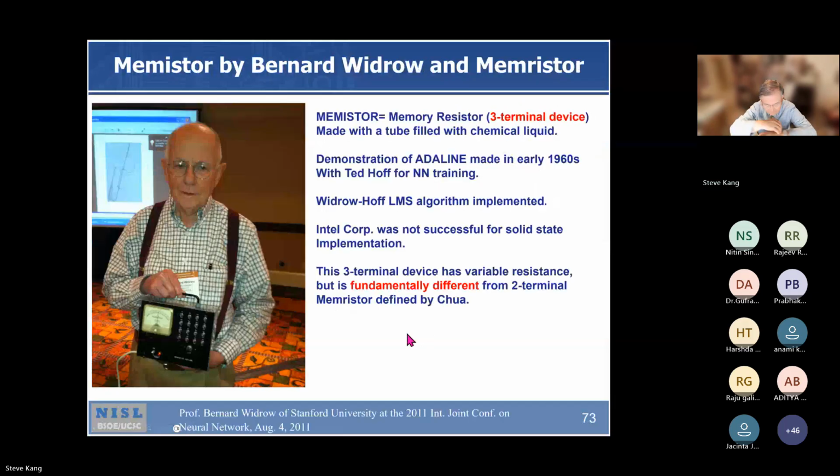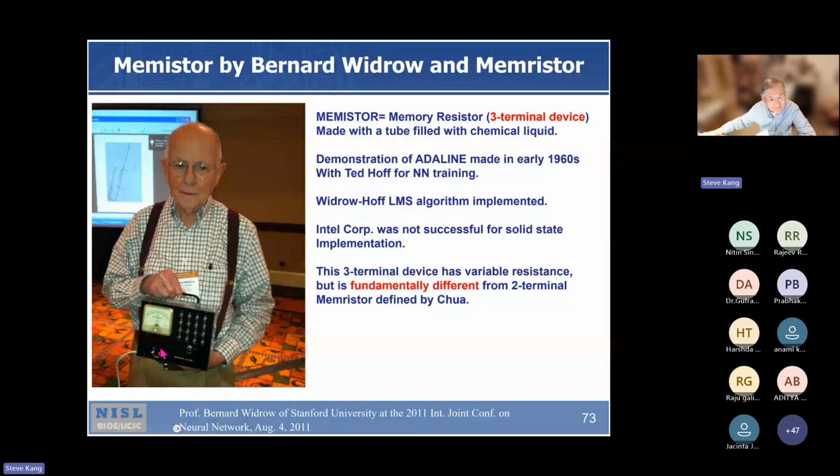Now, I gave a lecture at a meeting in 2011, the International Joint Conference on Neural Networks, called IJCNN. This July it will be held in Rome, Italy. I'll be there. At that meeting, Bernard Widrow, a very well-known professor in signal processing from Stanford, came to meet me with this device.